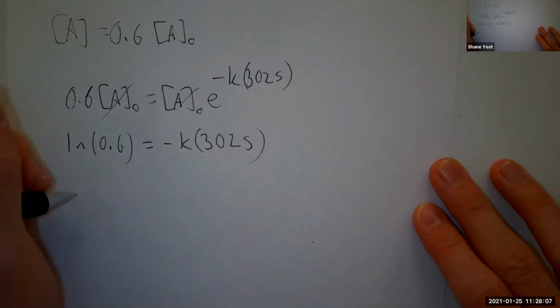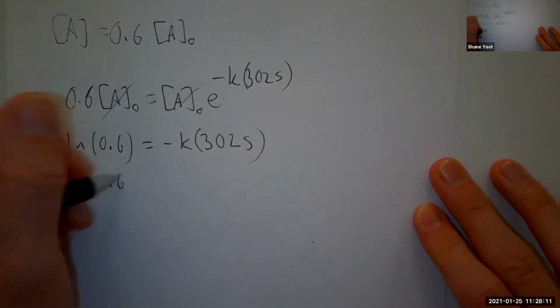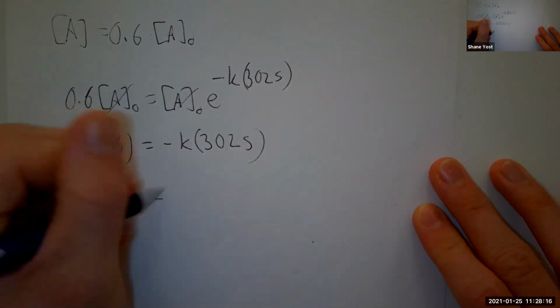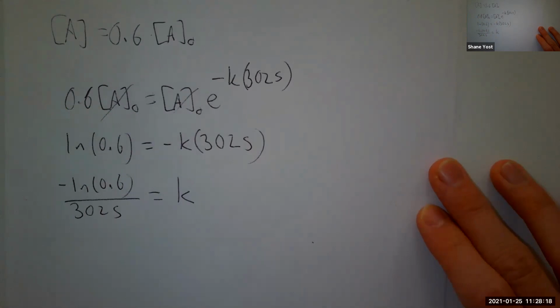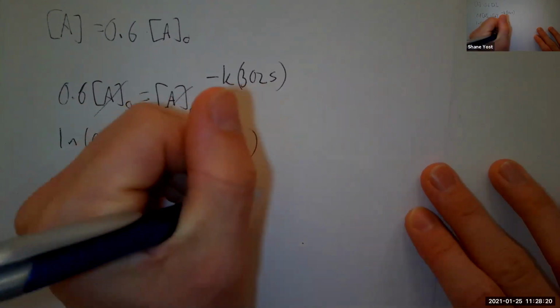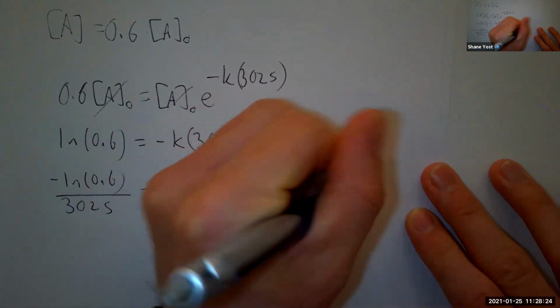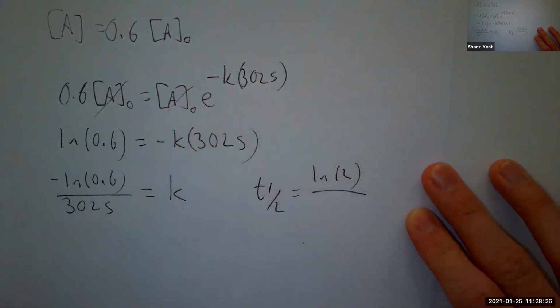Divide that over, I get negative ln of 0.6 divided by 3025 equals k. And then the half-life for a first order reaction is just defined as the natural log of 2 divided by k.